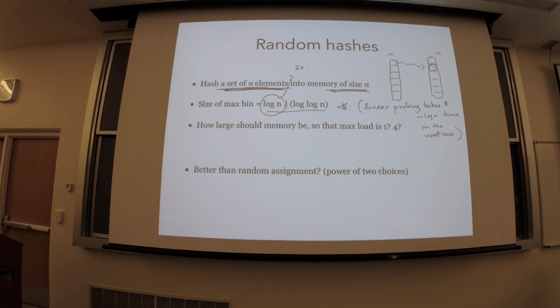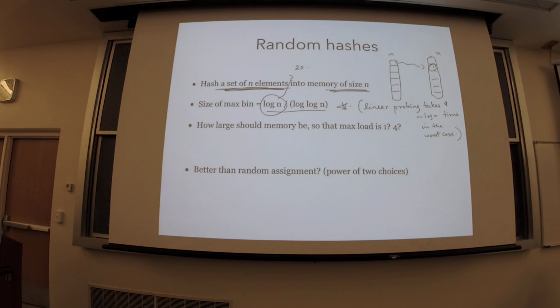This is one reason why, when you're hashing, you don't have the number of buckets exactly equal to the number of elements you expect. You take a little bit more, so that you have some slack, and then this bound becomes a bit nicer.